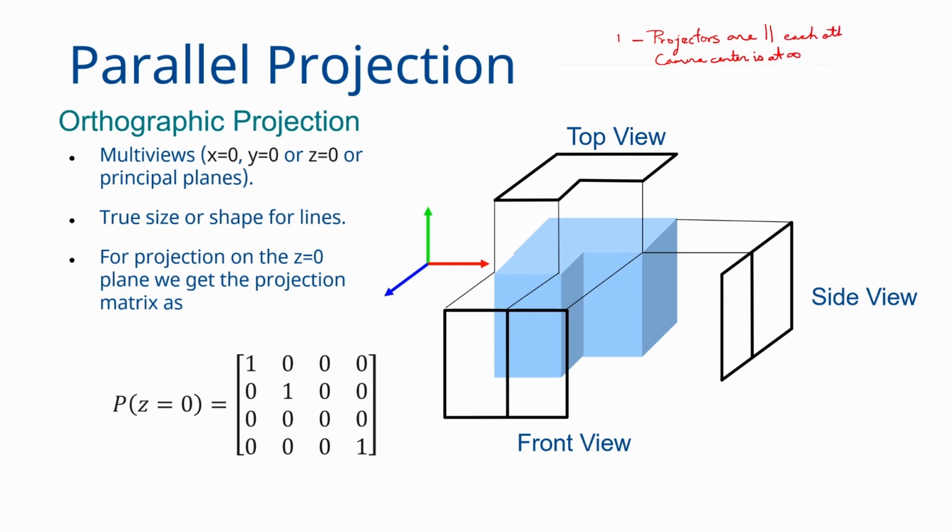Then, of course, by virtue of this, the camera center is at infinity. So these two are like similar points. Then the second point is that the projectors are perpendicular to the image plane.